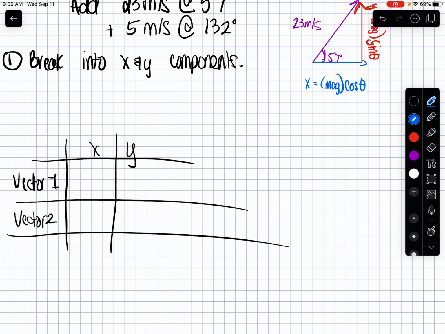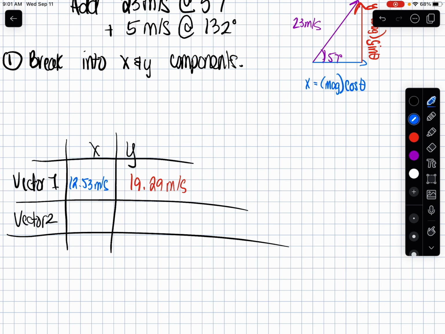So for vector 1, my x component, if we do 23 cosine theta, you should get 12.53 meters per second. And our y component is 19.29 meters per second. And that unit just comes from that very first number. And if we look at our second vector, it is in quadrant 3.